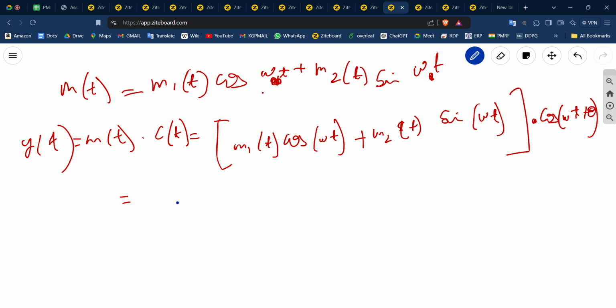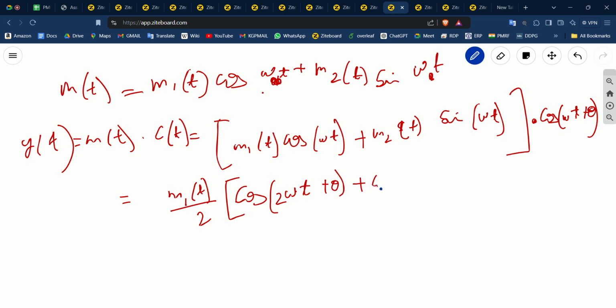So wherever there is omega frequency, it will just vanish that. So m1(t) cos omega t times cos(omega t plus theta): this one is m1(t) by 2, times 2 cos a cos b, which will be cos(a plus b) plus cos(a minus b).